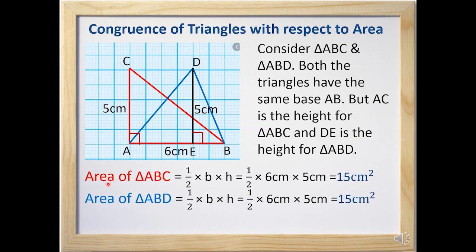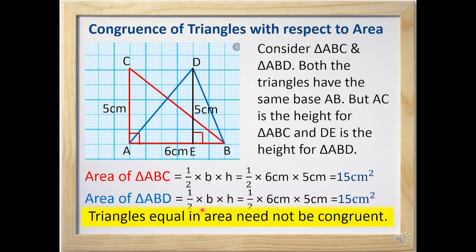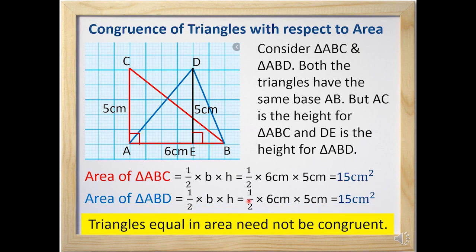Area of triangle ABC is equal to half into B into H, that is half into 6 centimeter into 5 centimeter, that is 15 centimeter square. And area of triangle ABD is again equal to half into B into H, that is half into 6 centimeter into 5 centimeter, which is 15 centimeter square.